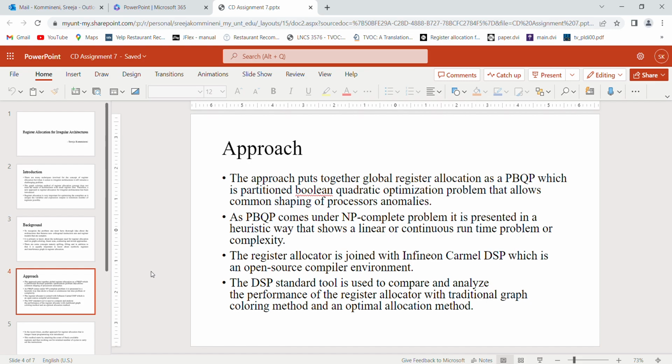The register allocator is integrated with the Infineon Carmel C compiler, which is based on the Open Compiler Environment from Atair Software. Next, a DSP benchmark suite was used to compare the performance of the register allocator with a graph coloring approach and with an optimal allocation.